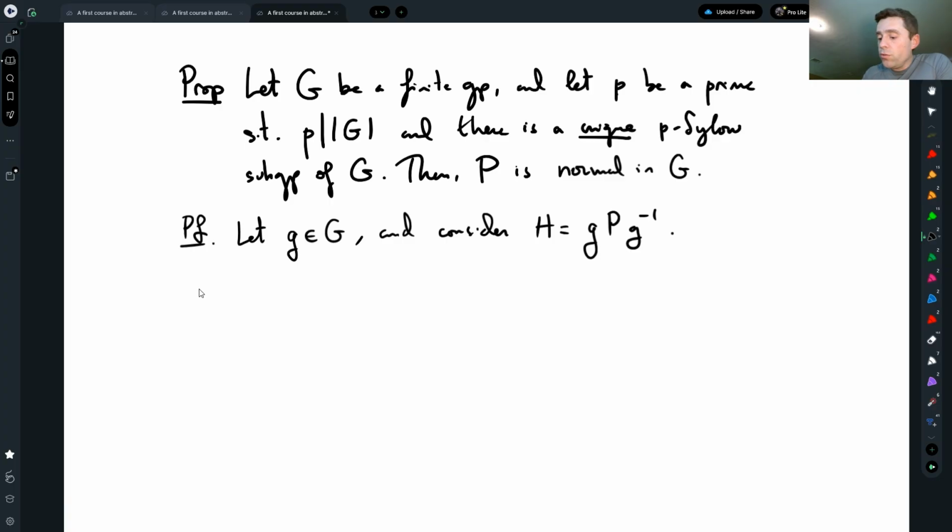And first note that the size of H is the size of the group gPg inverse, which is how H was defined. But also, we have actually seen that a conjugate subgroup has the same size as the group itself.